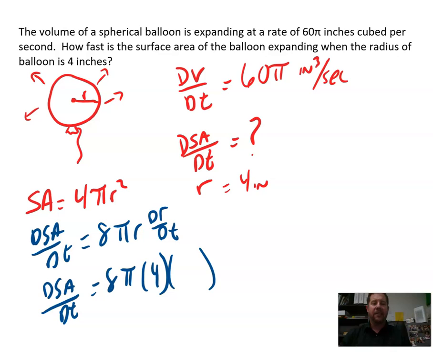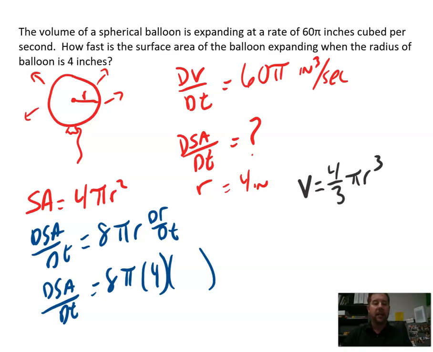Well, they gave me this information about the rate at which the volume is changing, so maybe we can use that. Let's come to the side over here and let's use the volume formula for a sphere, which is 4/3 pi r cubed. Again, might want to memorize that.